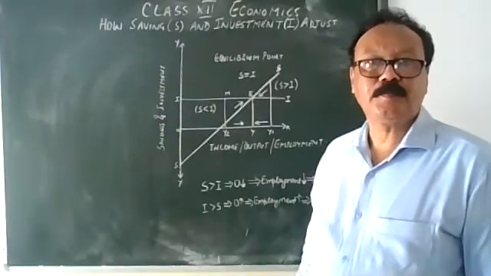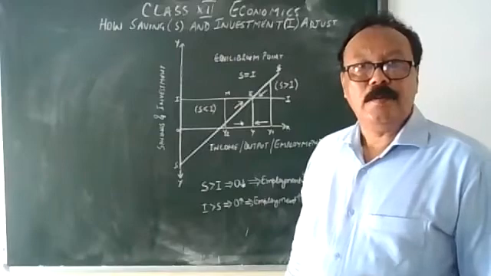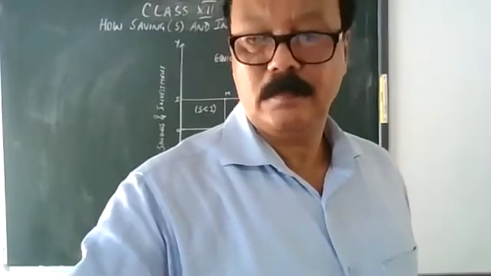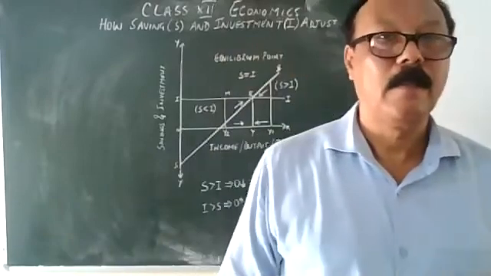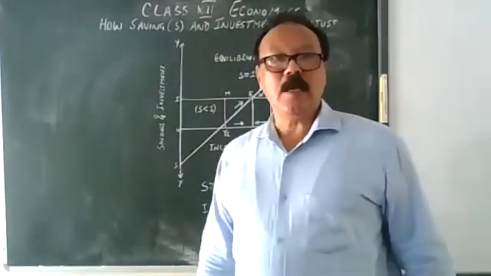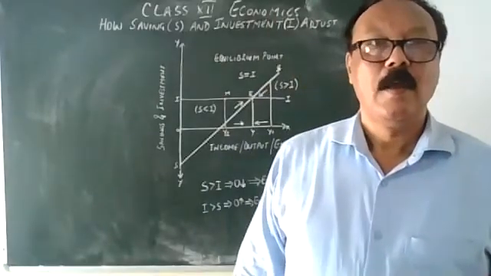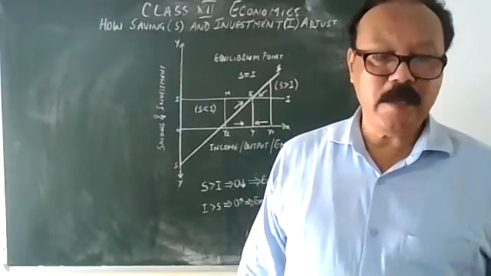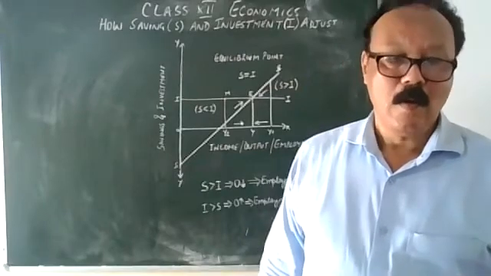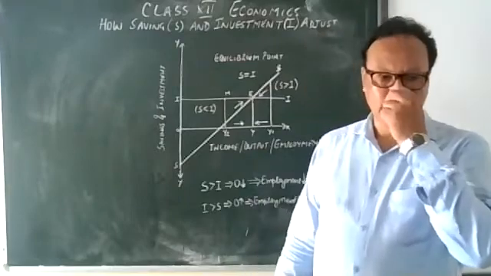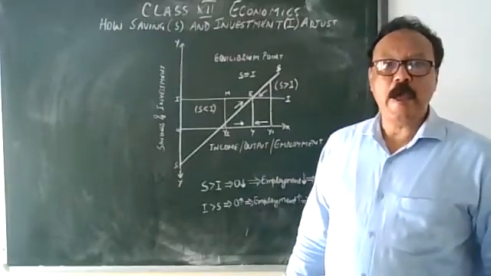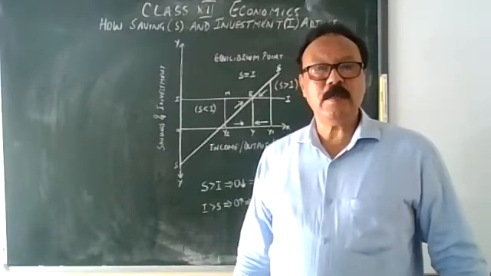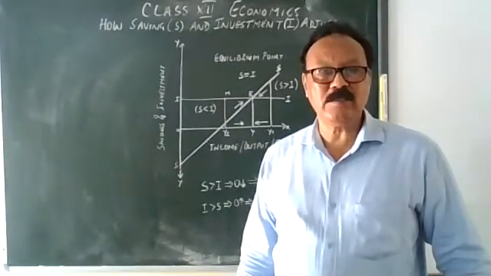The last point, this tendency of increasing output will continue until it reaches the equilibrium level of income where planned savings equals planned investment.